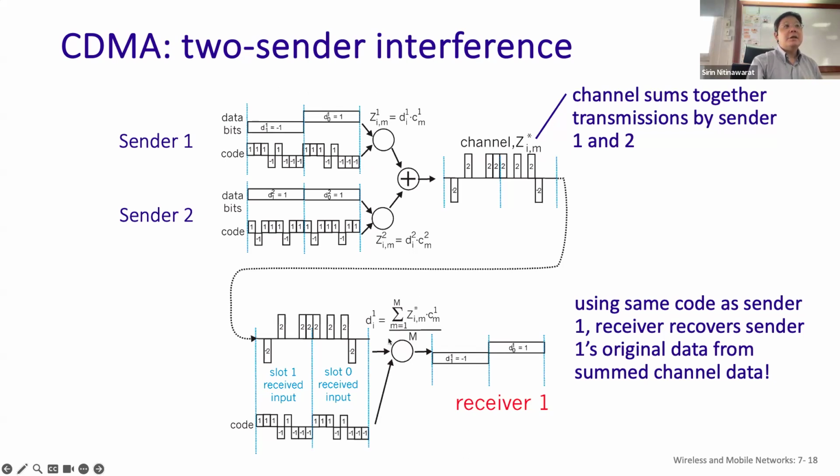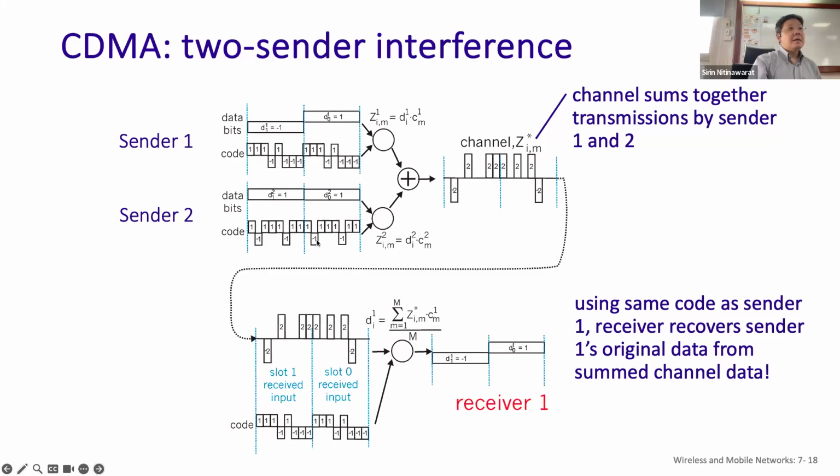So what if this receiver wants the signal from the second sender? What does it have to change? Change the code, because this code here is for sender 1. If it wants the signal for sender 2, which code will it have to use?